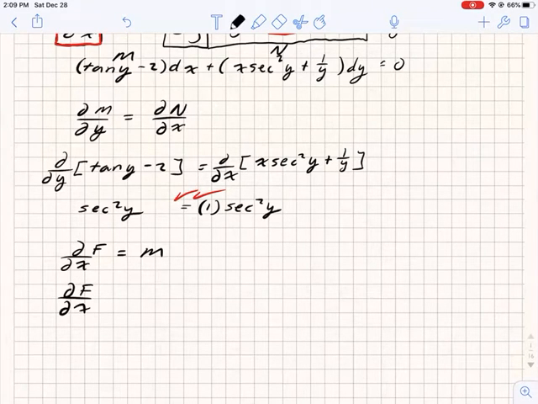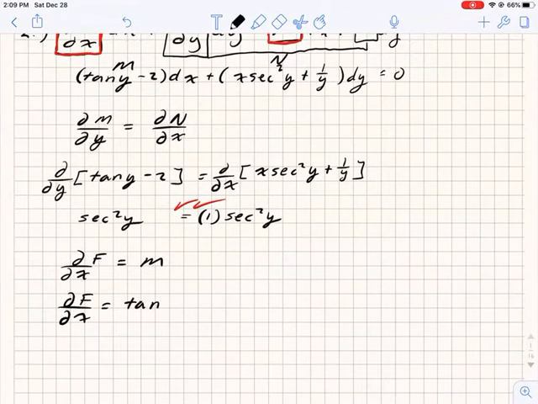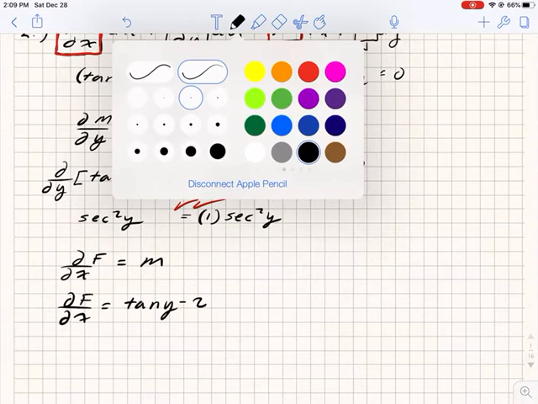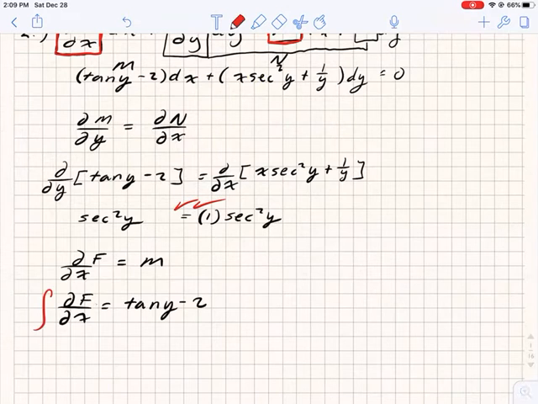The partial derivative of f with respect to x is equal to tan y minus 2. And if we integrate both sides with respect to x, we will obtain the f function, and that will be equal to x tan y minus 2x. Remember, tan y and 2 are a constant, so we just tack on that x.